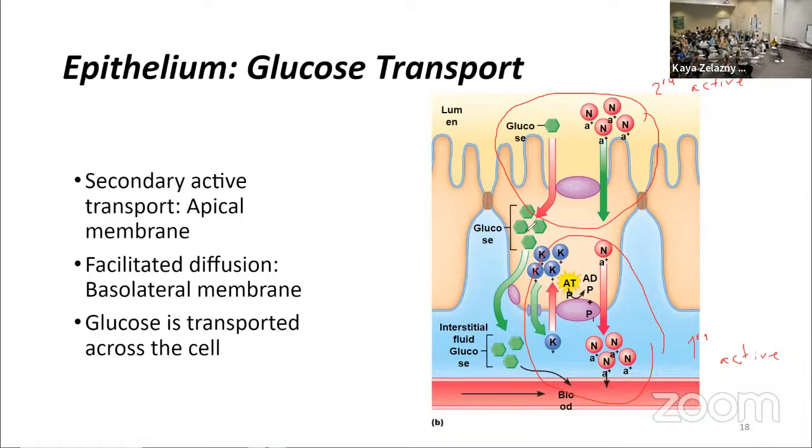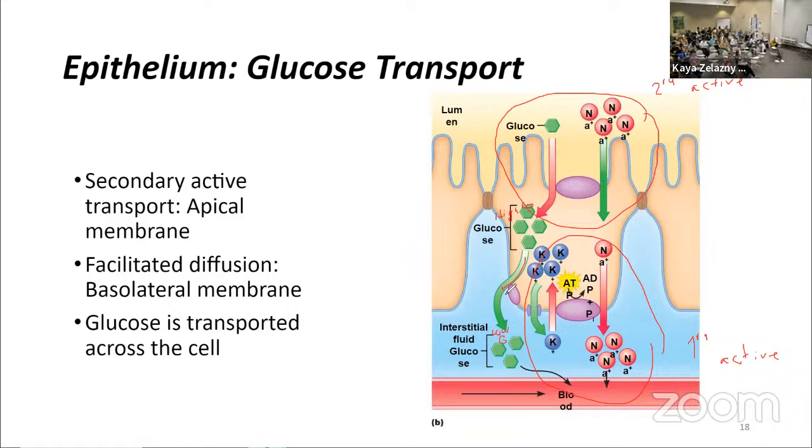With the glucose, the way we're going to get it into the blood is by going through a carrier protein. So we're going to see this higher level of glucose going towards this rather low glucose in the interstitial fluid. But we've got to go through a protein to do it. So it's going down its gradient.